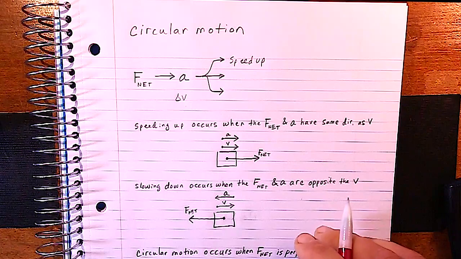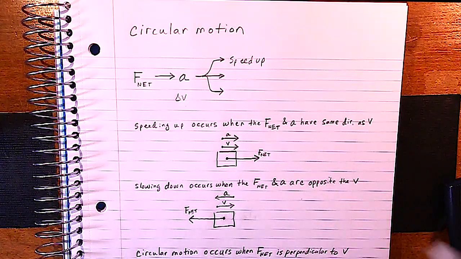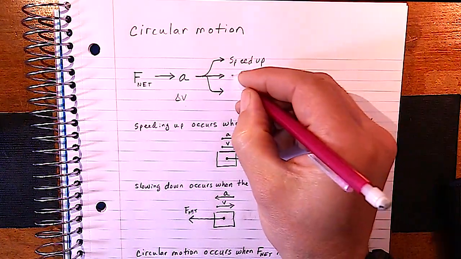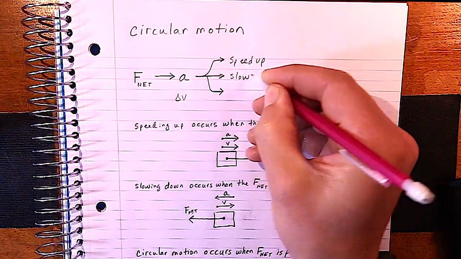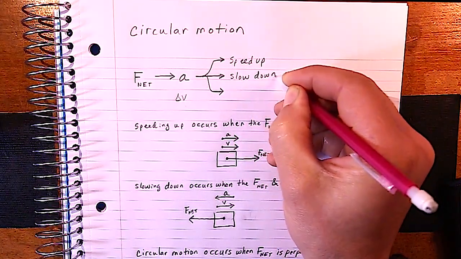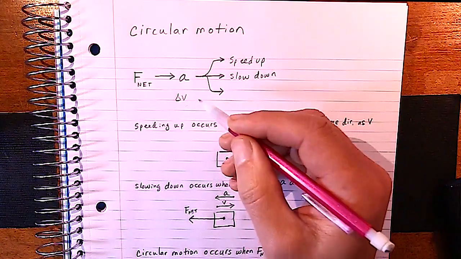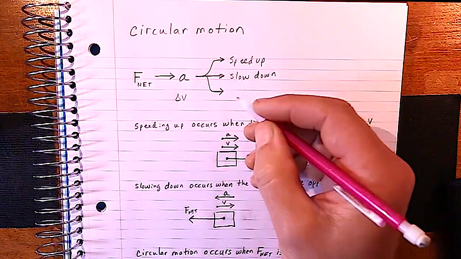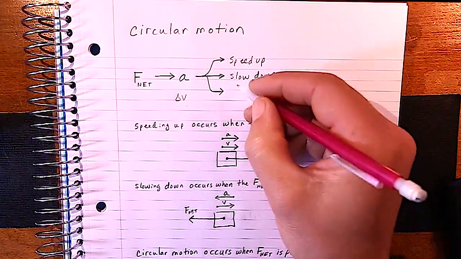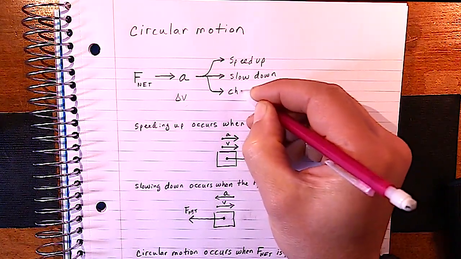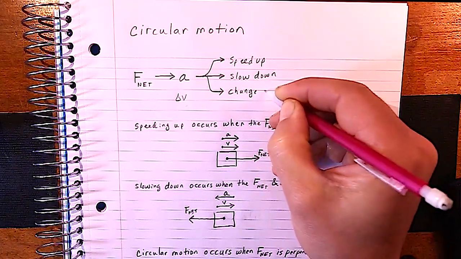Well, changing velocity isn't just going up, it could also be going down. So that could be slowing down. But remember that because velocity is a vector, if you change the direction you're moving in, you're also accelerating. So that could be change direction.